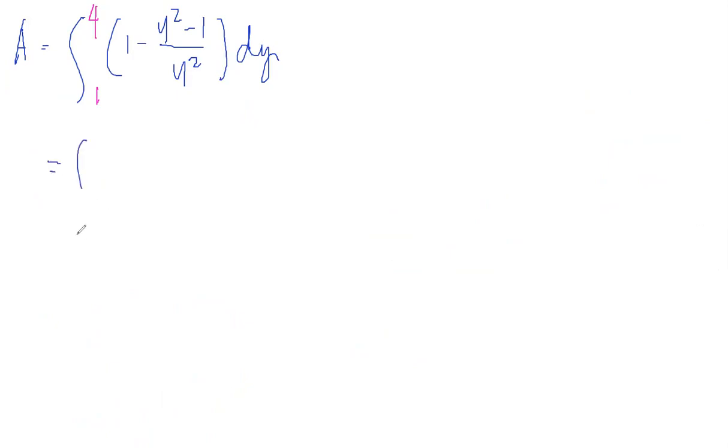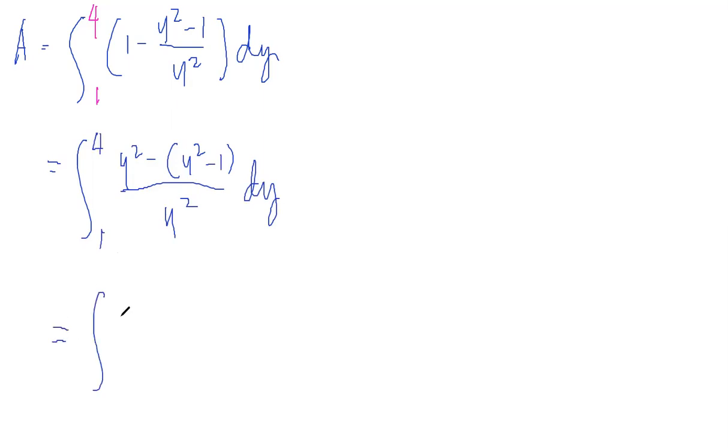So let's simplify this. We have the integral of y squared minus y squared minus 1 all over y squared dy, from 1 to 4. Simplifying, we have y squared minus y squared plus 1 all over y squared dy.